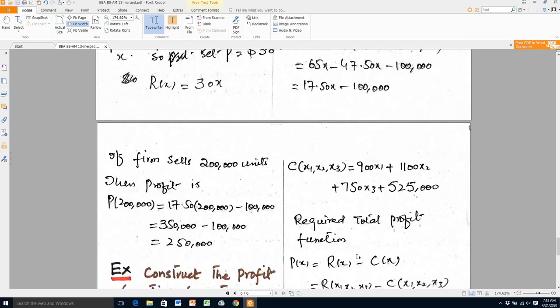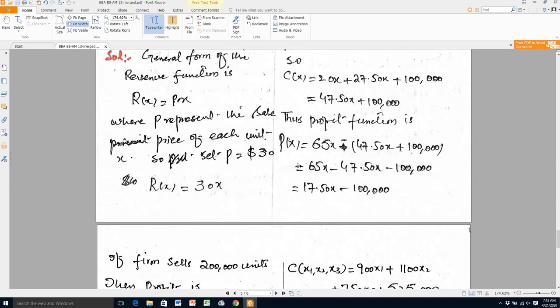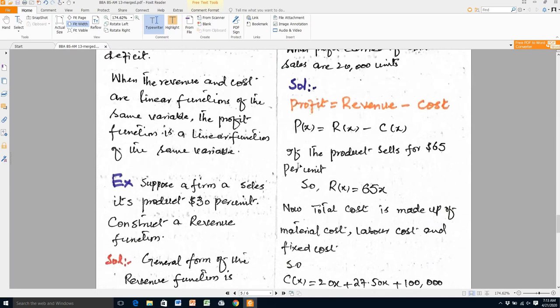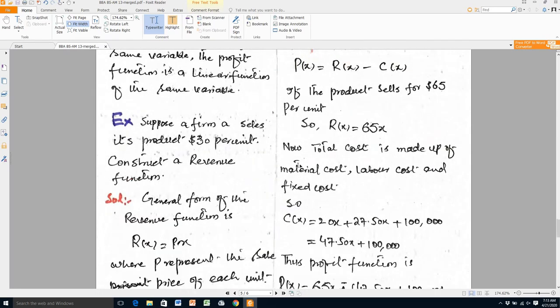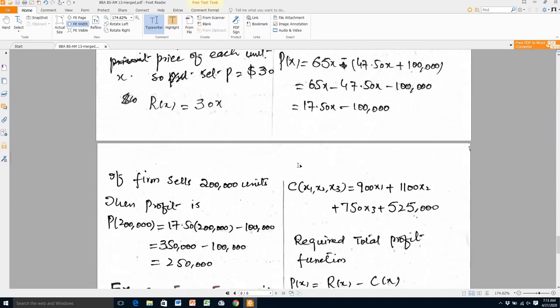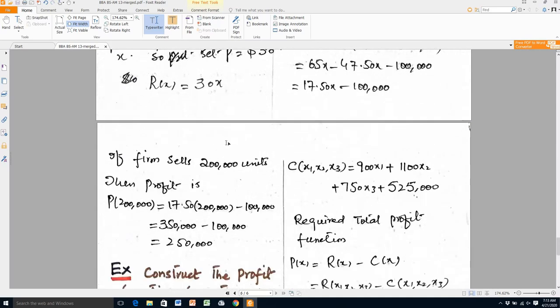Now, one more thing he stated in the statement: the firm sells 20,000 units. By mistake I am writing here 2 lakh units.